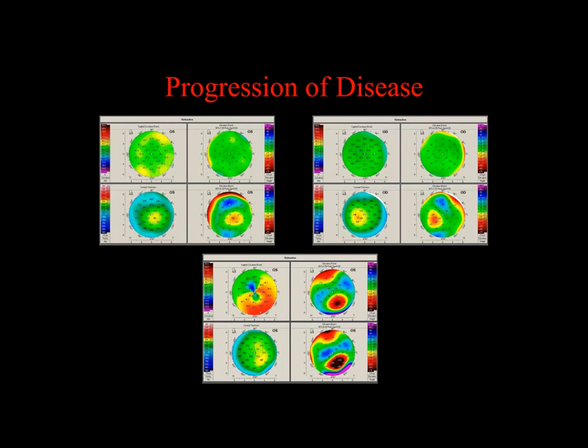The first map, upper left, is a curvature map, which is normal. The upper right is an elevation map, which is normal. But if we look on the lower right, and I know I haven't explained these maps yet, that's a posterior ectasia. This is a patient with thinning and posterior ectasia, but a normal anterior surface.